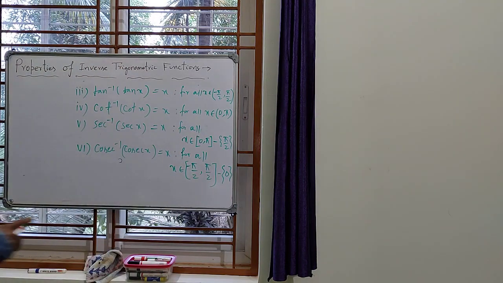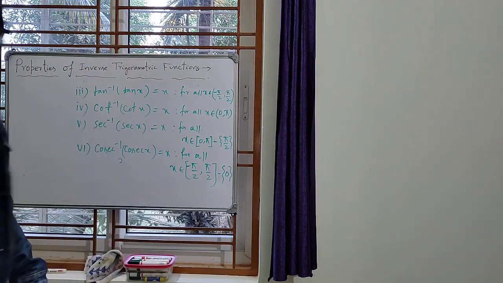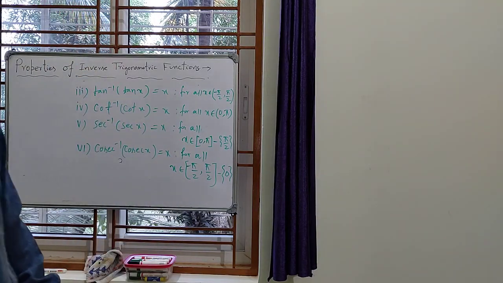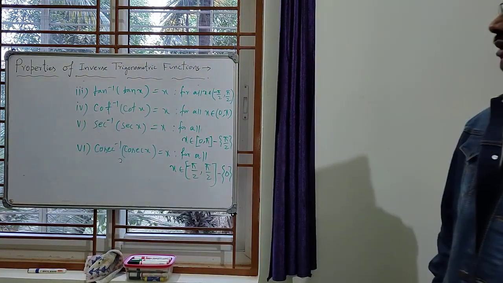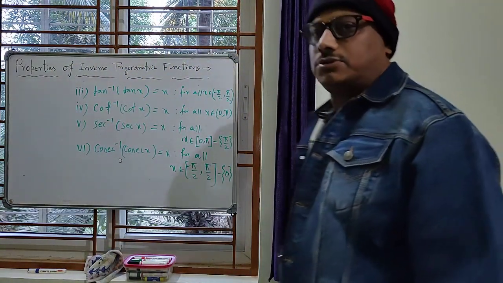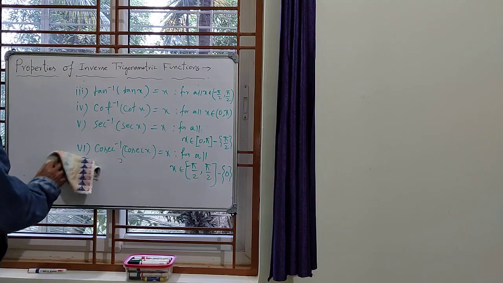This is the first property of inverse trigonometric functions. Then we will discuss the second property regarding inverse trigonometric functions. Is it clear to all of you? Let us start the second property.